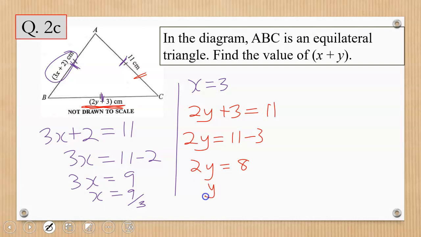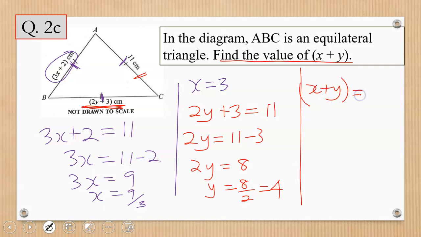Dividing both sides by 2, we have 8 divided by 2, and the result is 4. Now, the question wants us to find the value of x plus y. Okay, the x value gave us 3, the y value gave us 4. And so x plus y is 7. And that becomes the answer.